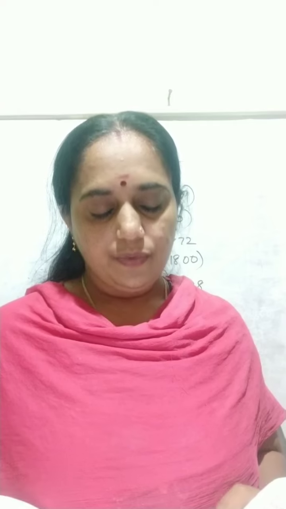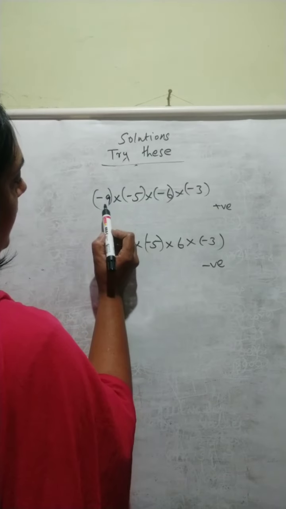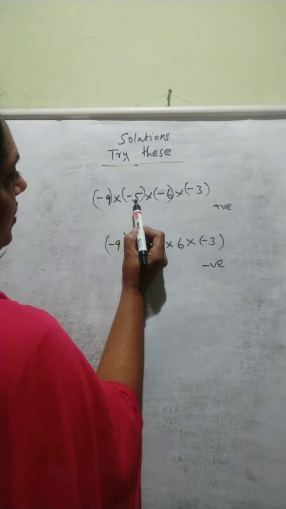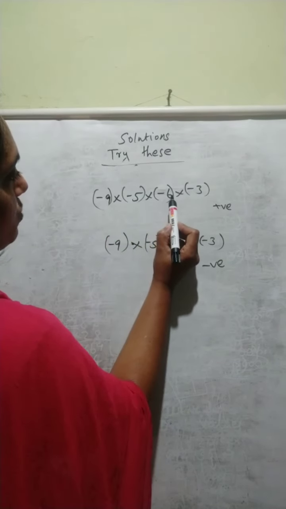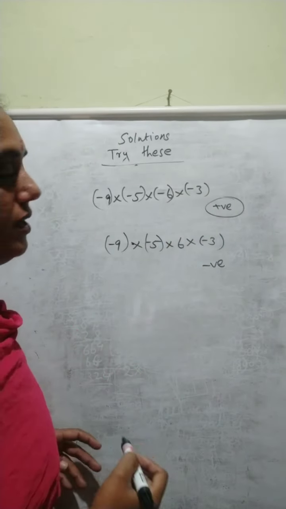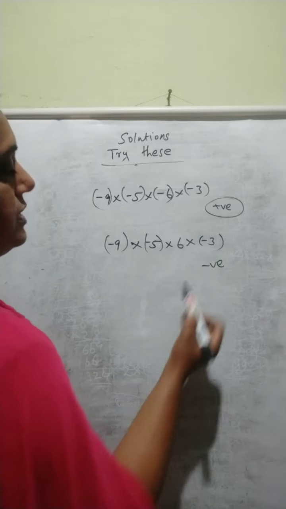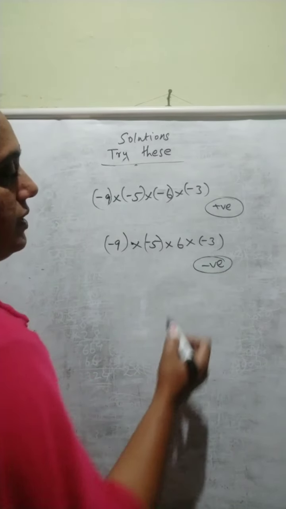Why? Because here negative 9 multiplied by negative 5 multiplied by negative 6 multiplied by negative 3, they are saying this is positive. And here negative 9, negative 5, 6, negative 3, that is negative. It is very clear.